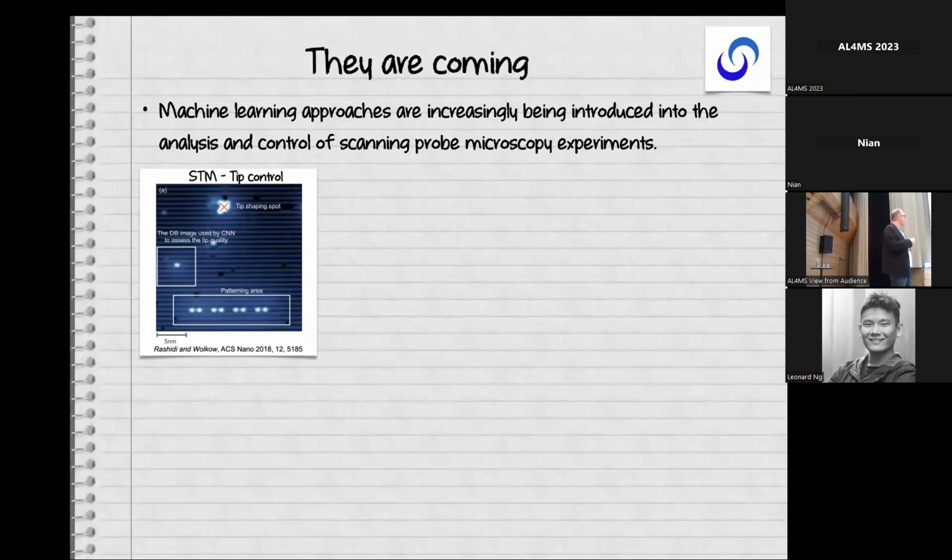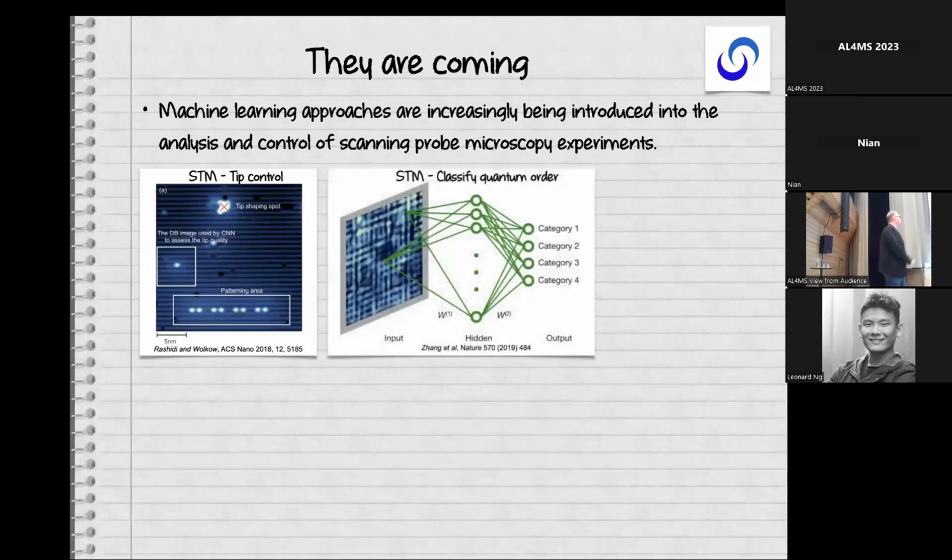Some of the first ideas, particularly of recognizing whether your tip is good or not, recognizing defects in the surface. Perhaps one of my favorite ones is this, where they basically went and got a huge amount of old STM data that nobody could be bothered to look at because it was so noisy and rough.